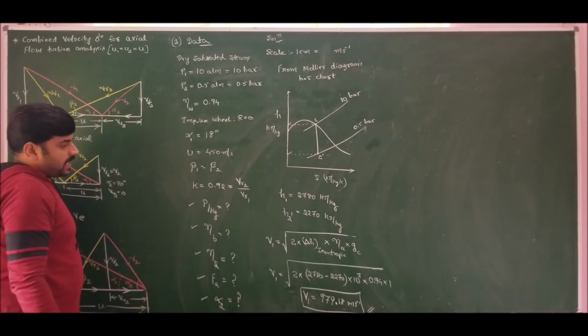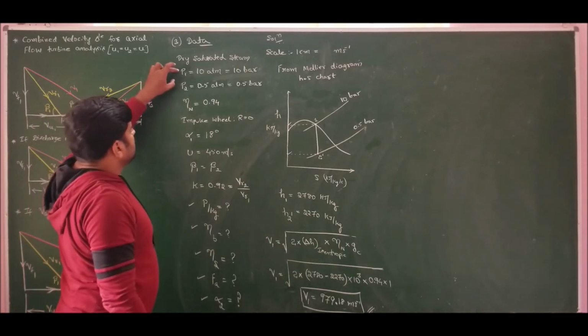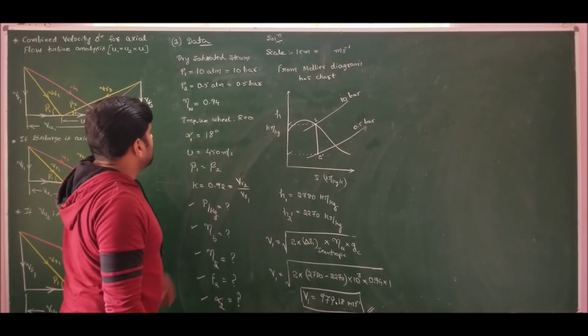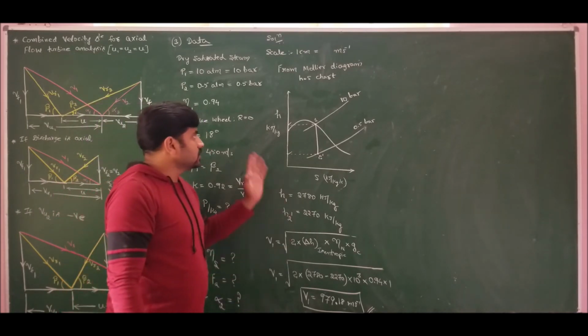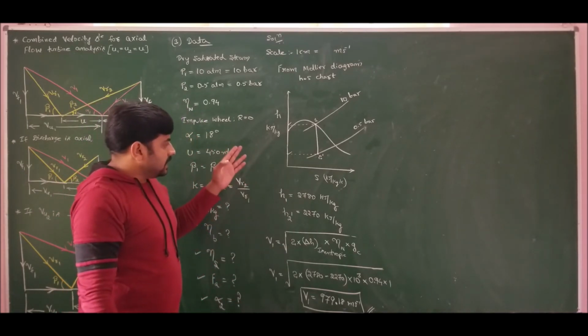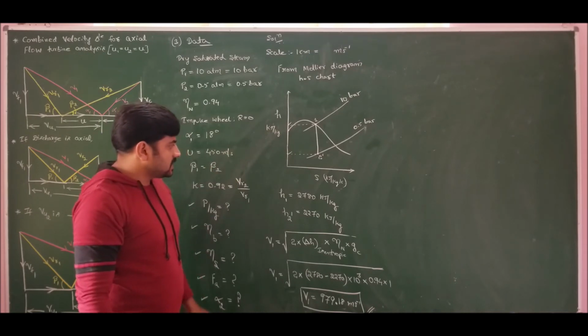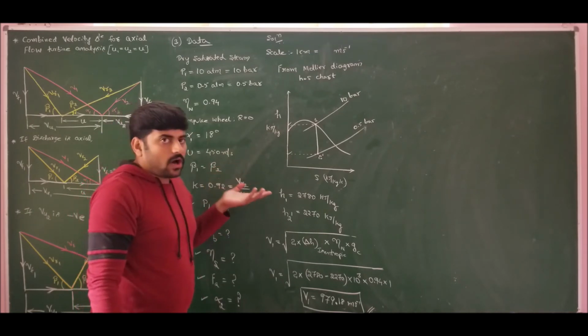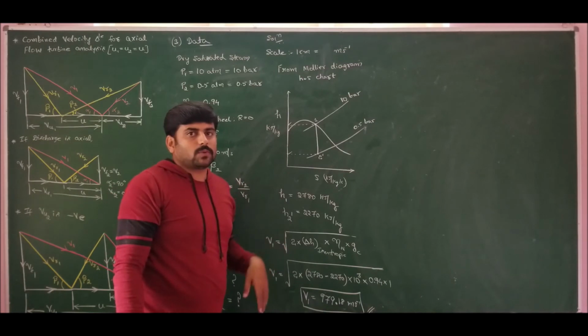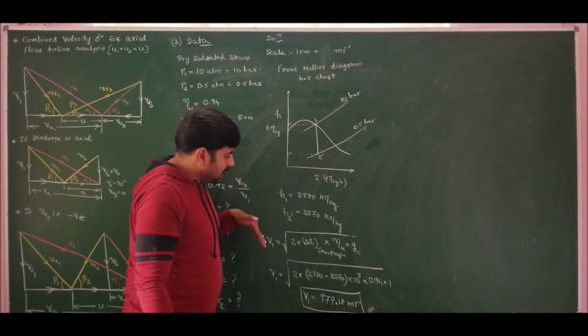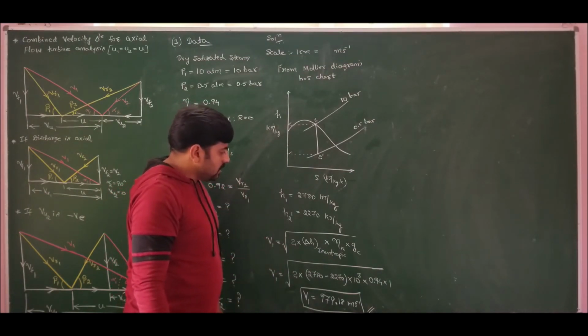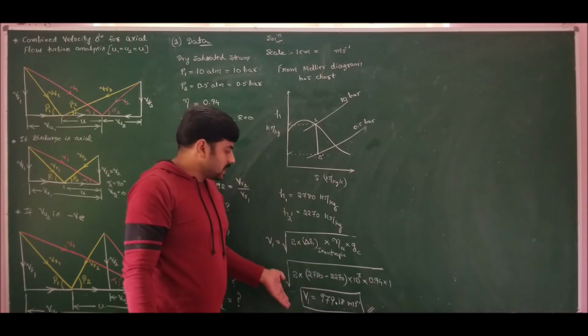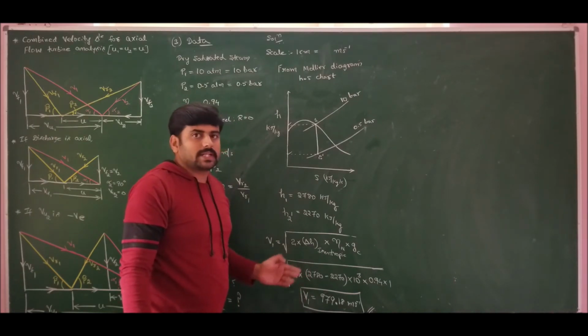This is how we should calculate V1 if the inlet and exit pressures and nozzle efficiency are given: use the Mollier diagram and then conduct steady state steady flow analysis for the nozzle, which I already explained in lecture 1 of this module 3. I directly took the formula, substituted the values from the Mollier chart, and calculated V1 as 979.18 meters per second.